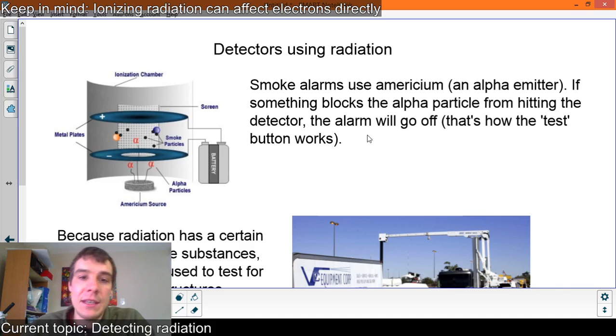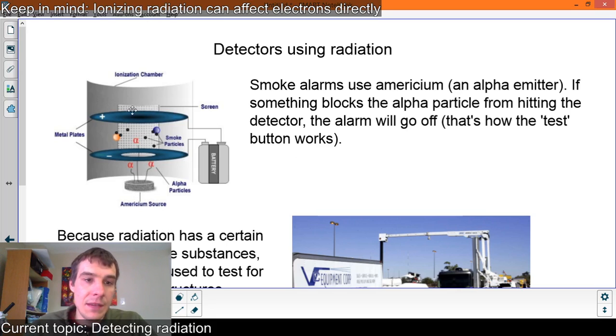That's how the test button works. It just blocks the americium source from the detector. It blocks the alpha particles from hitting the detector, and then the alarm goes off. It really does think that there's smoke in there, or at least it thinks that the thing is blocked, and then it sets off its super loud alarm. So that's a smoke alarm.